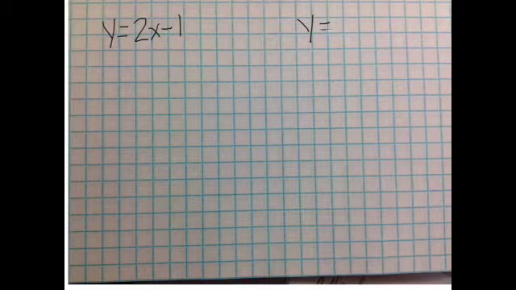All right, so now we're ready to look at the graphs for this system. We had y equals 2x minus 1 and y equals 2x.